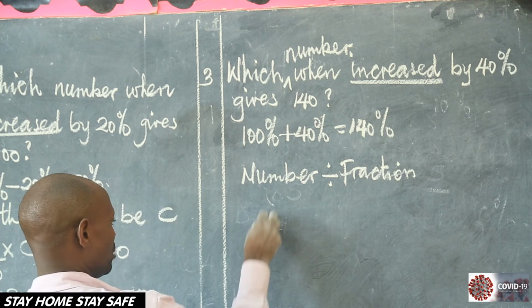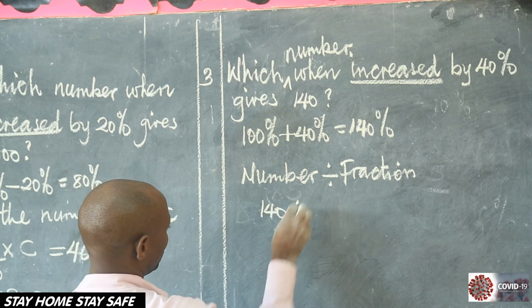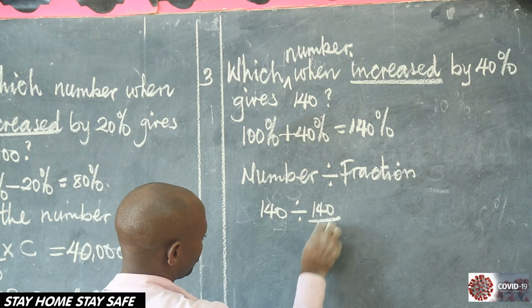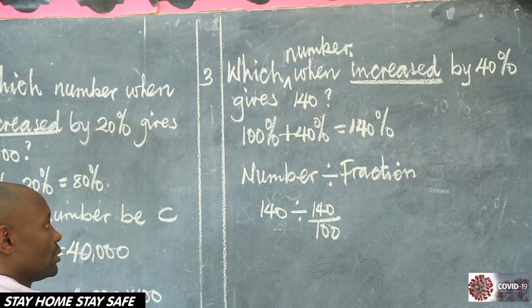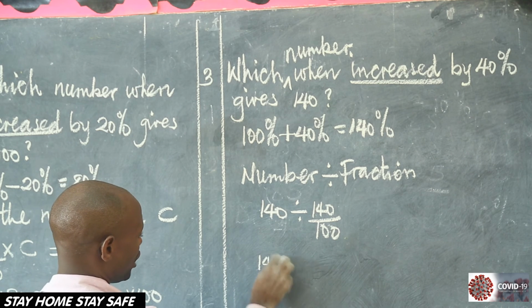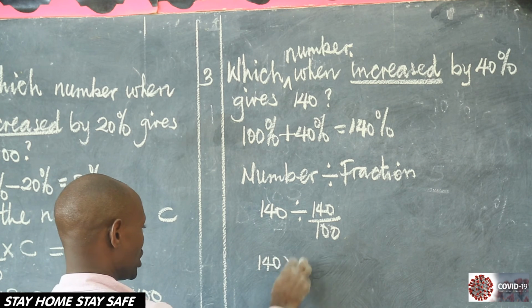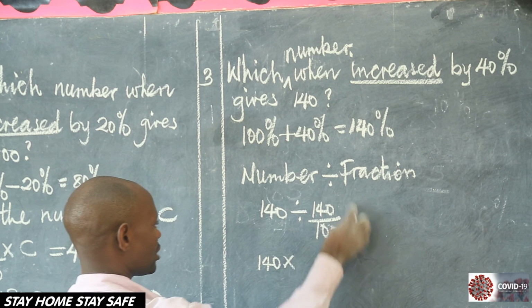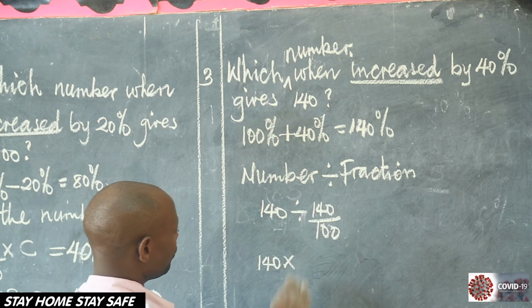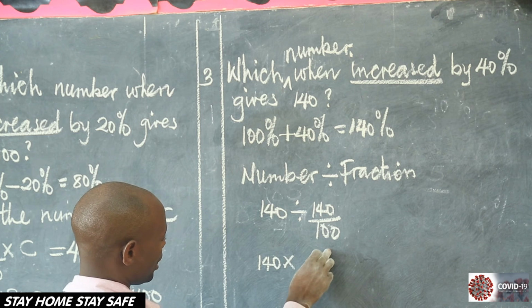So which one is the number? 140. You divide it by the fraction, 140 out of 100, the meaning of 140%. Division will change into multiplication, and this one becomes a reciprocal. So what is the reciprocal of 140 out of 100?